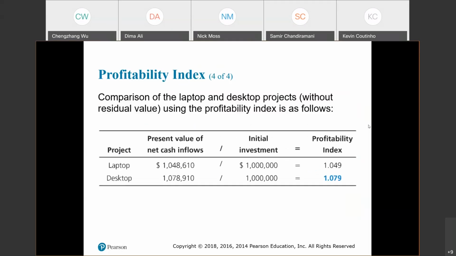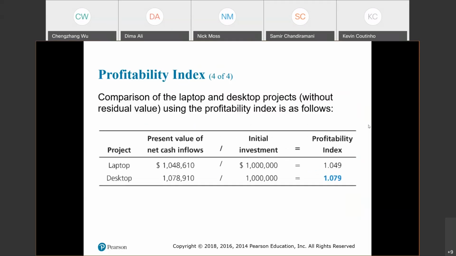Now let's compute the Profitability Index for these two projects faced by Smartest Learning Computer, laptop project and desktop project.